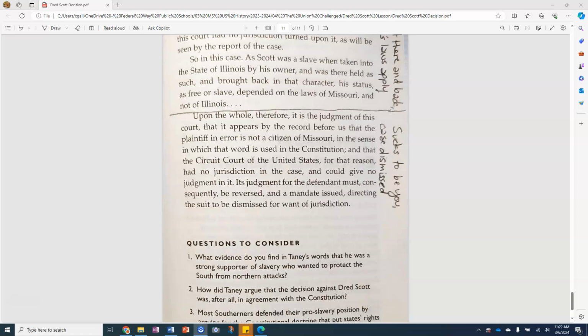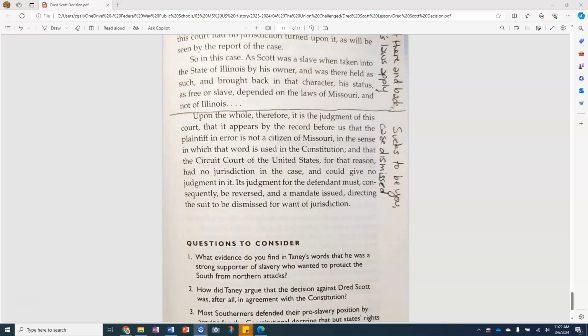And that because of that, the circuit court had no jurisdiction, so they could not make a judgment because he wasn't a citizen of the United States, right? And so we have to return this decision and reverse it and say that Sanford wins. Okay, that Scott had no right to sue. All right, so that is the Dred Scott decision.